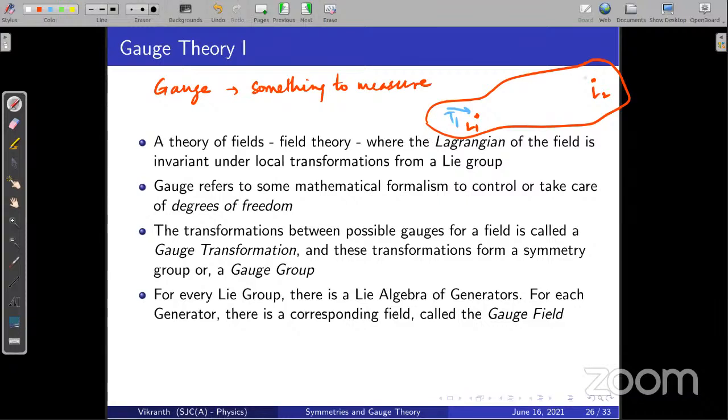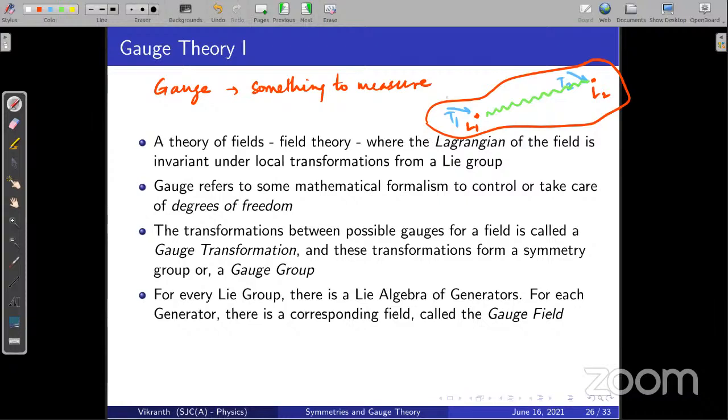And if I want to study what happens to L2, I have to apply another transformation T2, okay?